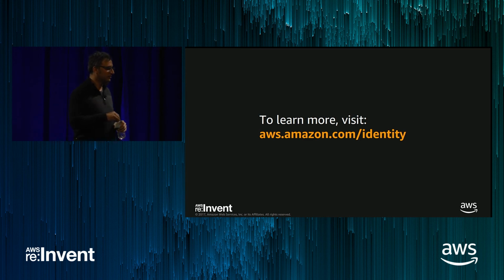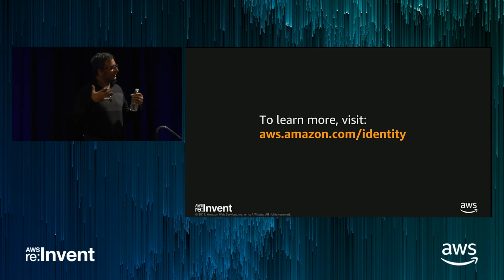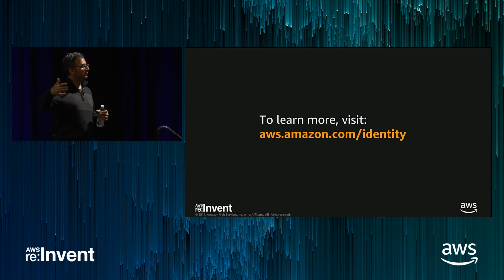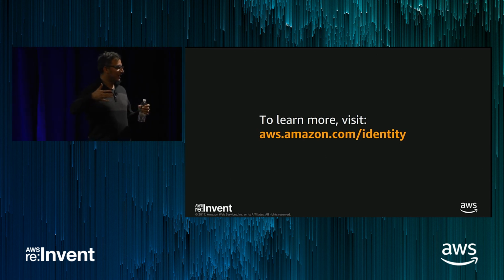We hear that from customers. The way AWS is organized and the way we operate is that while my teams provide a common set of services like authentication and authorization, every AWS service independently makes decisions about what features and capabilities they want to support.